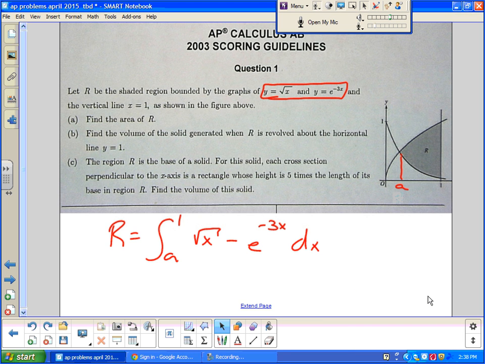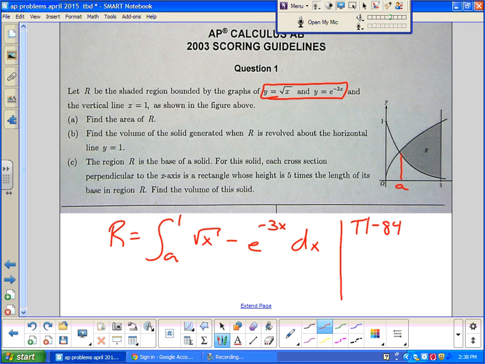So I have to find A at this point. Guys, to find A, I'm going to use my TI-84, because that's what I have. And in the solver, I'm going to type square root of x minus e to the negative 3x equals 0 and say, oh, calculator of mine, what is that point? And when I do that, I get x equals, and I only go 4 decimal points, 0.2387.